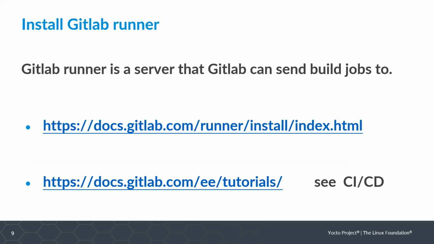The next thing that you'll need is what is called a GitLab runner. And in my own words, the GitLab runner is basically a server that GitLab can send build jobs to. So there's links here. GitLab has quite a bit of pretty good documentation to figure all this out.